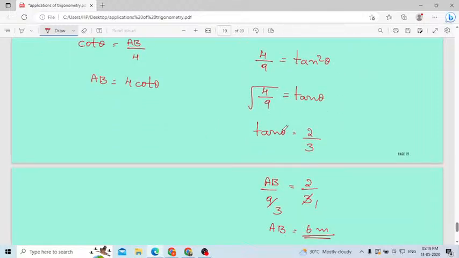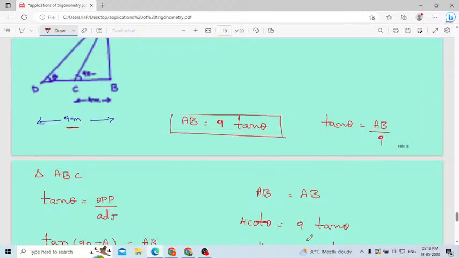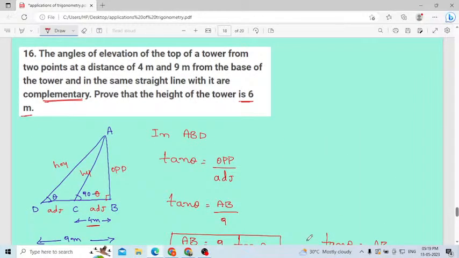Then tan theta will be 2 by 3 if you remove the square root, considering only the positive value. Then tan theta, as already shown, is AB by 9. 3 ones are 3, 3 threes are 9, then AB will be 6 meters. Means we proved the tower height. The height of the tower is 6 meters. We proved what was given in the question.